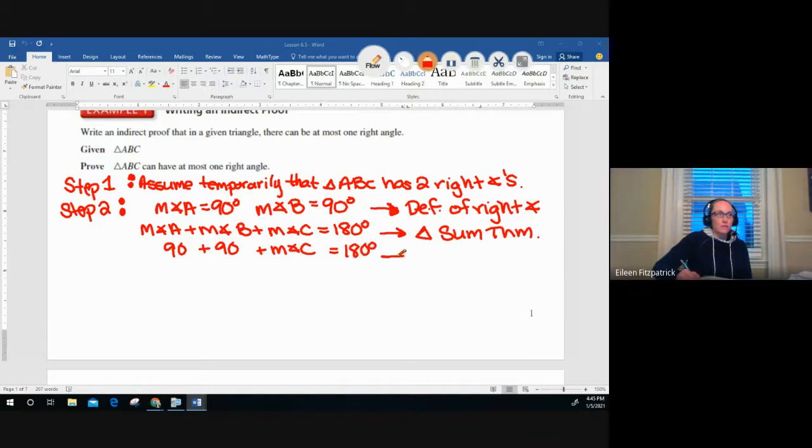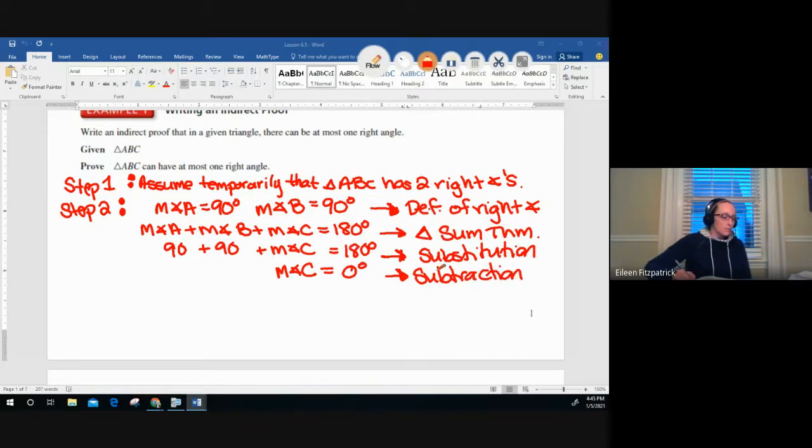That was based on substitution. All right, adding like terms, 90 plus 90 is 180, subtract to the other side. So I'm going to have the measure of angle C equals 0 degrees by subtraction.